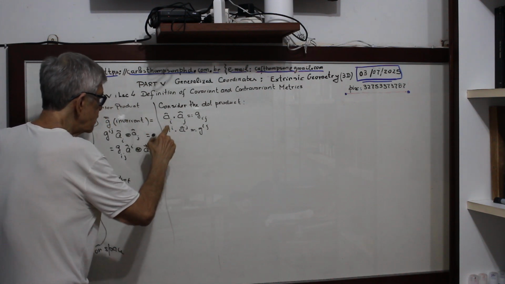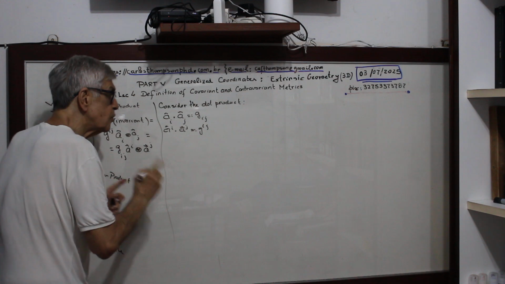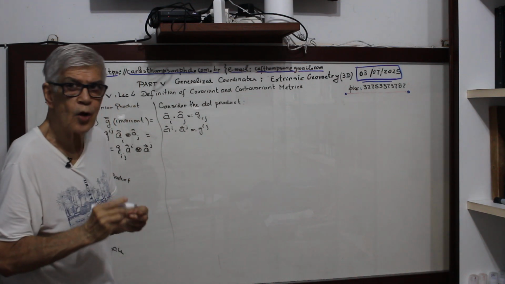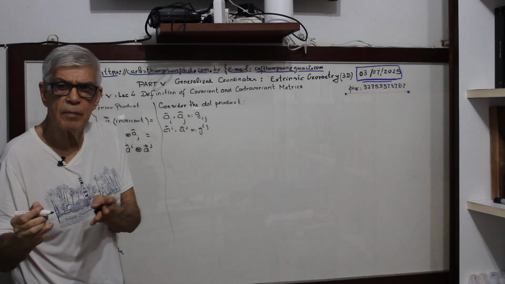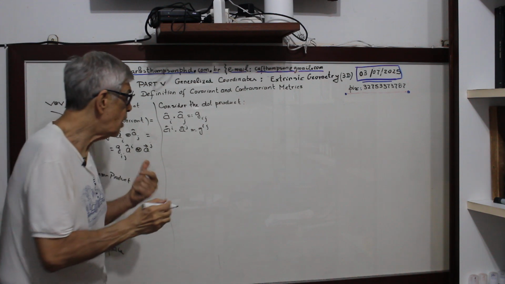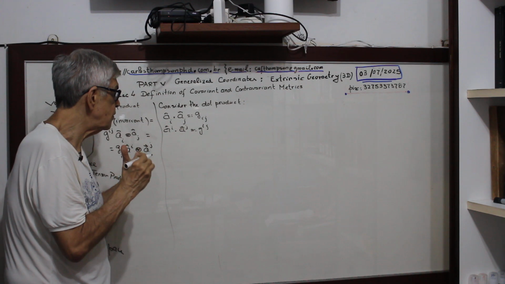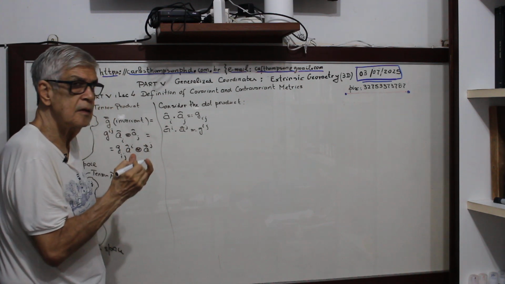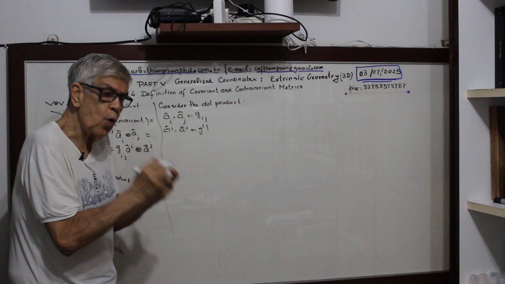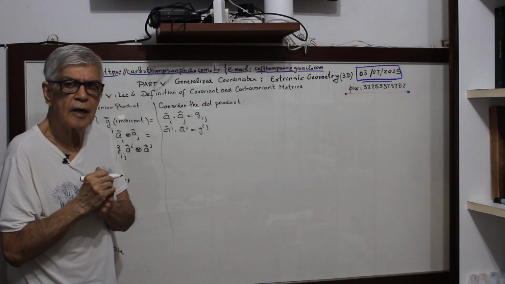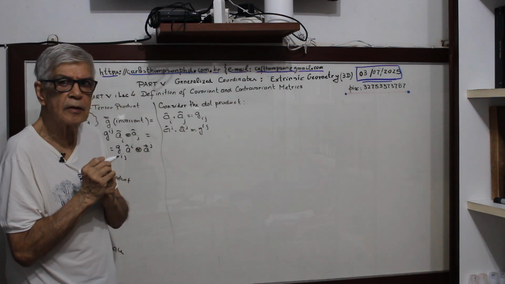Look, attention now, this is a dot product. Why is it a dot product? It's not an inner product. It looks like an inner product. Because here you are deriving using curvilinear coordinates. You see, that's very important.